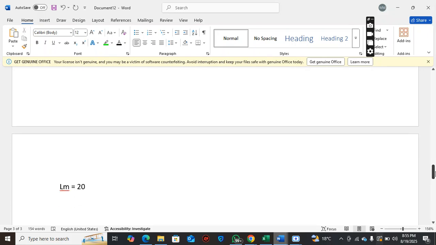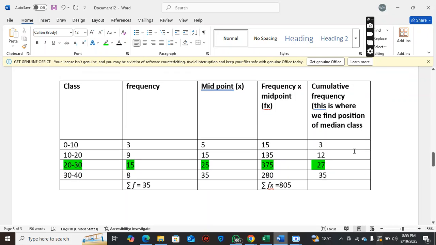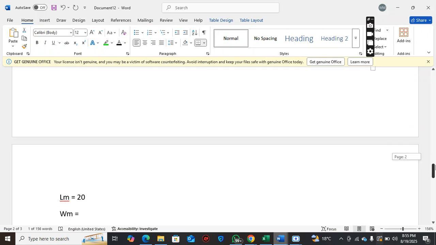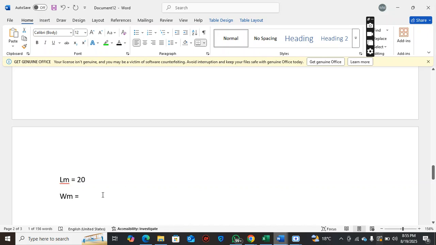After that, you get the class width, which is 30 minus 20, that is 10. Class width, you just subtract these two values.